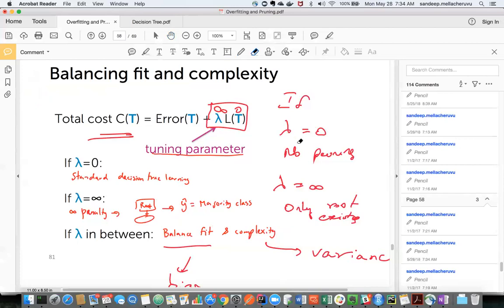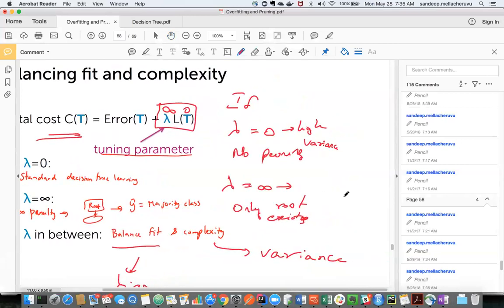Now, if you consider this with the decision tree, if lambda equal to 0, no pruning, it means that the model is too complex, the decision tree is too complex. It means you are having high variance. If lambda equal to infinity, it means that only the root exists in the model. It means high bias.